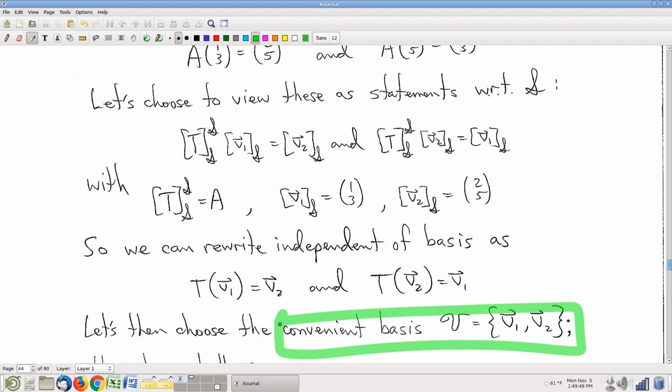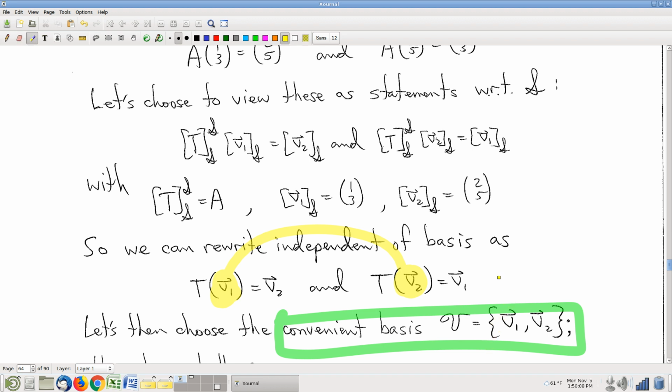And the thing is, I know T of V1 and V2. So this basis here, script V, is an extremely convenient choice of basis to use for my domain in representing this linear transformation.